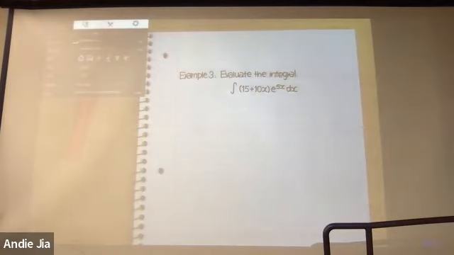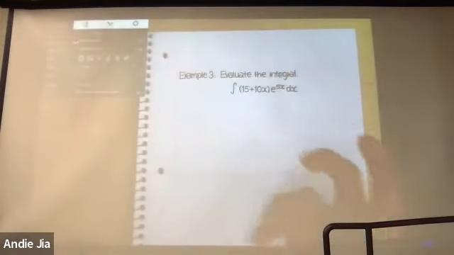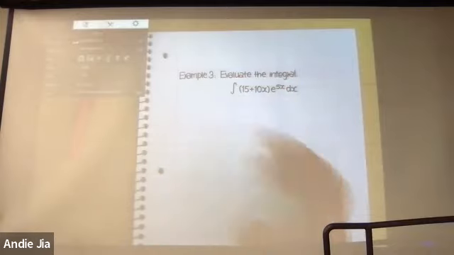Then we need to choose u equals 15 plus 10x, and du is 10 dx. We don't need to multiply, because this is a product function, just don't multiply it.